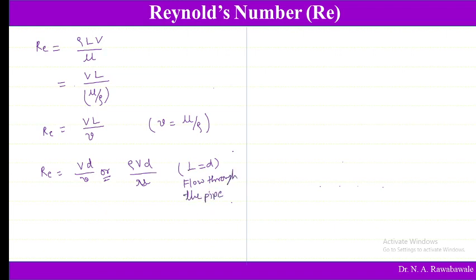If flow takes place through the pipe, then this linear dimension length is converted to the diameter of the pipe. Hence Reynolds number for flow through a pipe is rho Vd divided by mu, or Vd divided by nu. So this is one thing.